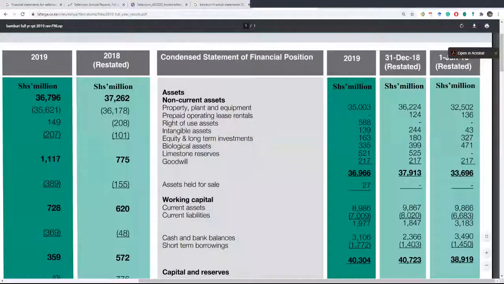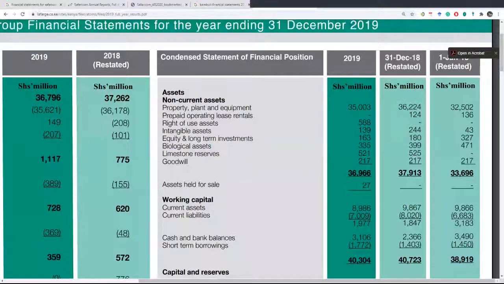The current liability is equal to 7 billion, ending up with a positive working capital of 2 billion. This is very much expected because this company is in the manufacturing industry. That's why we expect to have a positive working capital. If it's negative, then there's a problem somewhere. This might indicate working capital mismanagement.